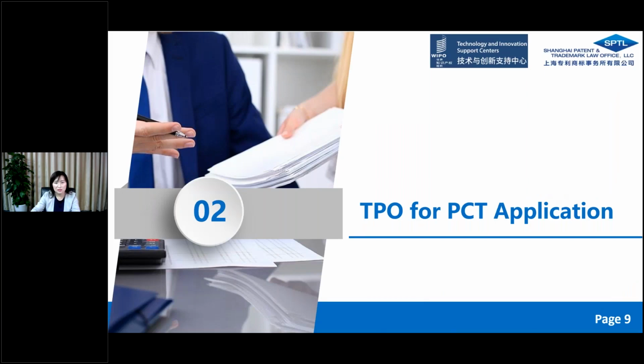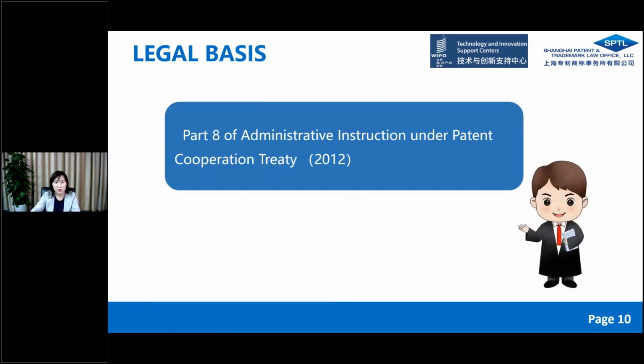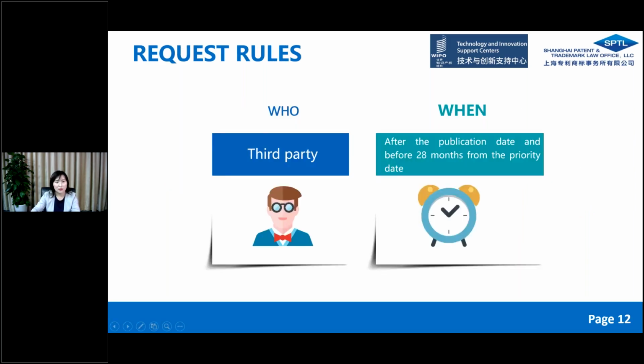Now let's turn to the second part: how to file an observation for a PCT application during its international stage. Since mid-2012, it has been possible to file observations against PCT applications at the international phase. This system allows third parties to make observations through the ePCT system.